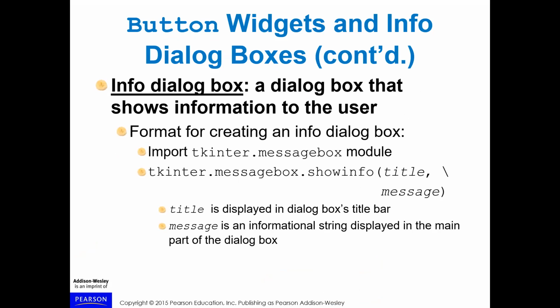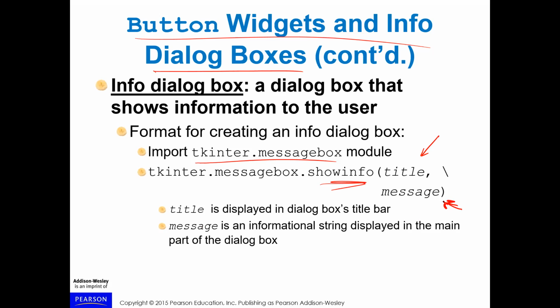So button widgets and info dialog boxes. Here are other examples. The info dialog box is a dialog box that shows information to the user. The format for creating an info dialog box is, you call the tkinter message box module, and then you do message box.showInfo, and then you show a title and a message as well.